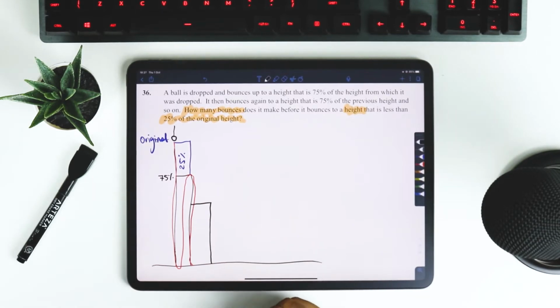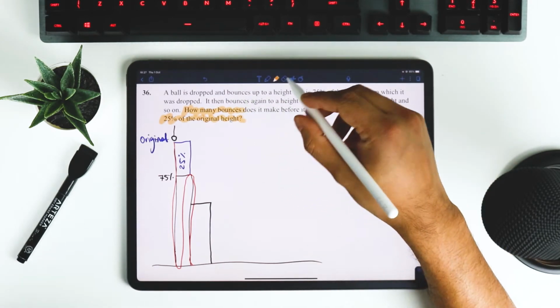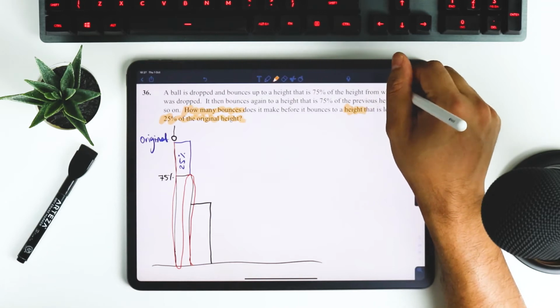Now we've lost some more, but we haven't lost 25% of the original amount. We've lost 25% of the new height, because it says here somewhere, a ball is dropped, bounces up to a height 75% of the height from which it was dropped.